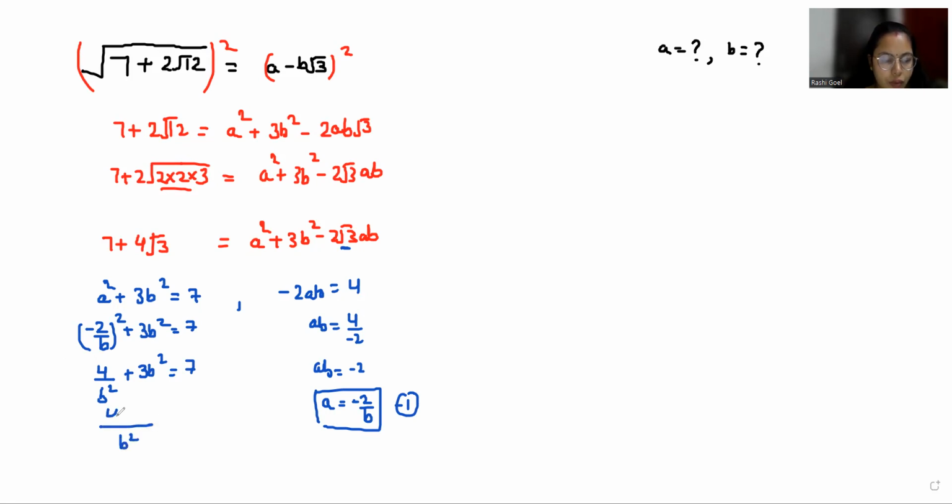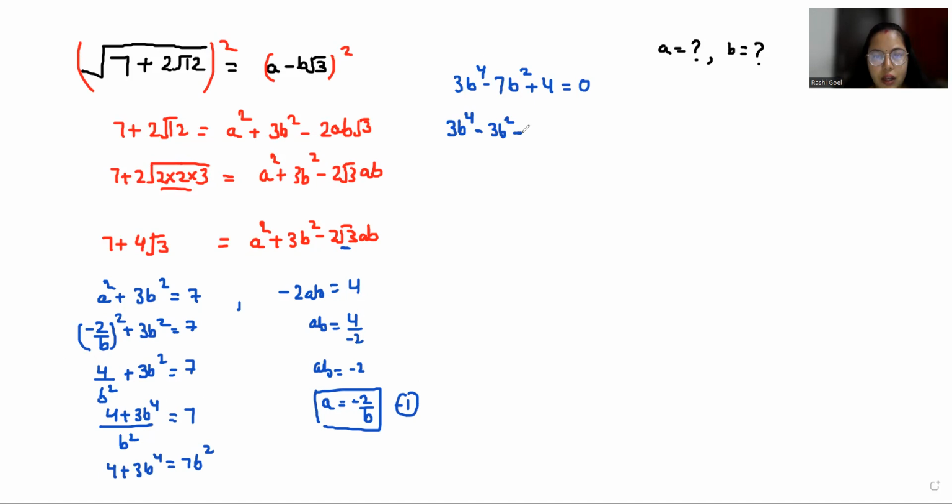B square times 4 plus 3b power 4 is equal to 7, so 4 plus 3b power 4 is equal to 7b square. So we can write it as 3b power 4 minus 7b square plus 4 is equal to 0. So 3b power 4 minus 3b square minus 4b square plus 4 is equal to 0.